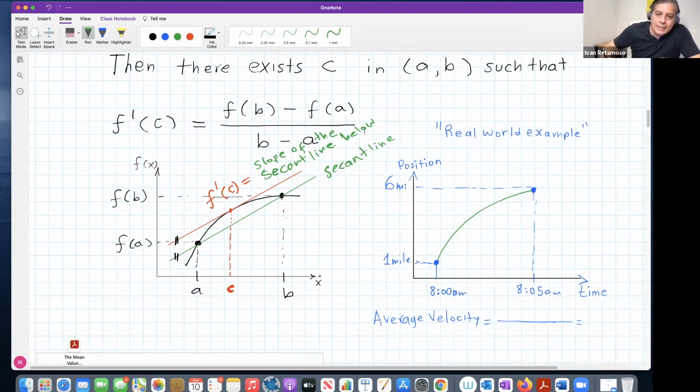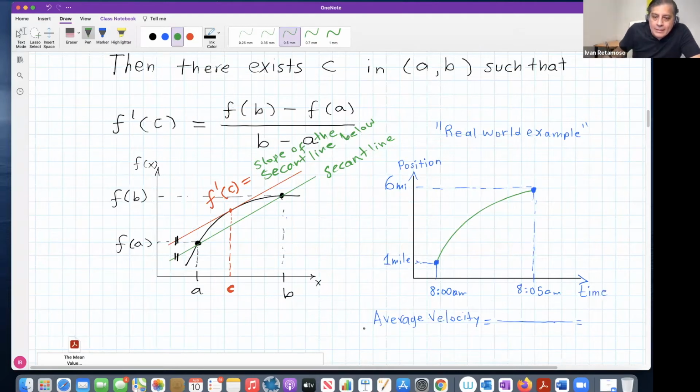What this theorem is saying is that since you are accelerating first, and then decelerating, and this is happening continuously, imagine you are pushing the accelerator continuously, the theorem says that at a certain point, you must hit the average velocity from this point to this point.